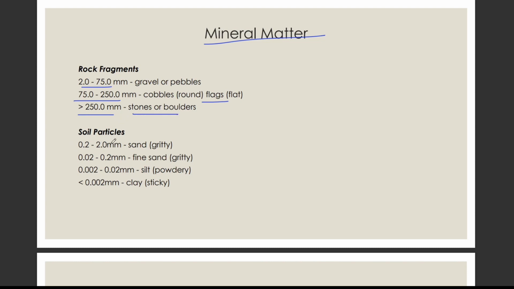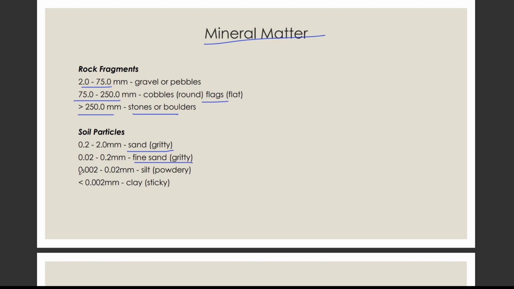After that, we have the soil particles. Soil particles around 0.2 to 2.0 millimeter will be called sand, and sand is gritty. If the size is around 0.02 to 0.2 millimeter, then it will be called fine sand, and that will also be gritty.